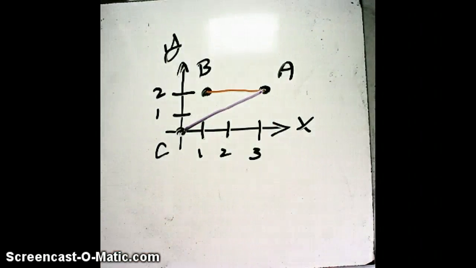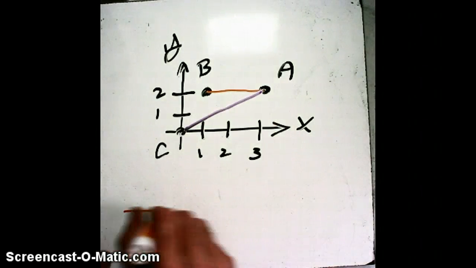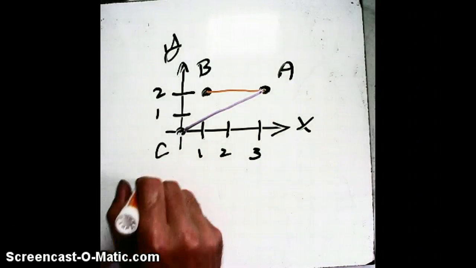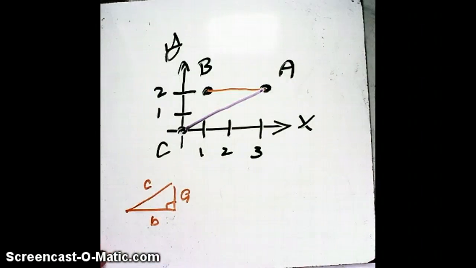Now you may remember from our work in geometry from before, we have a right triangle. What is the relationship between A, B, and C? Well, we know that a squared plus b squared is equal to c squared. Okay, that is the Pythagorean theorem. So that's one formula you need to know.